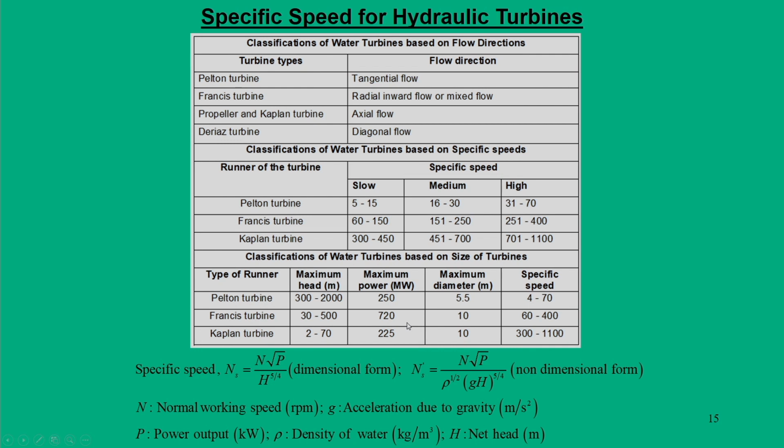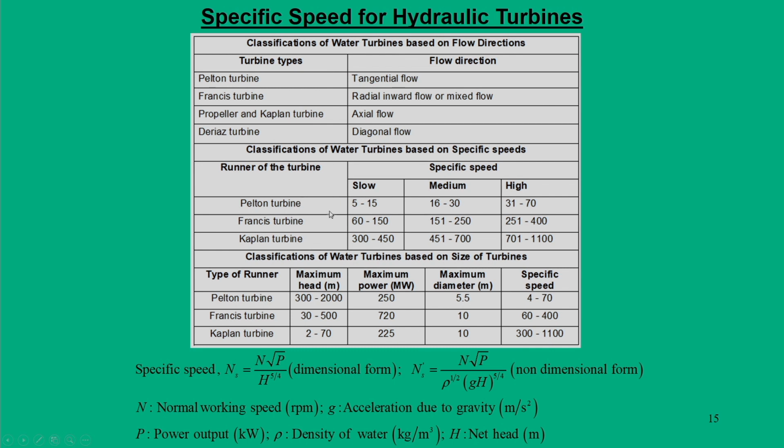In our last lectures I gave these slides with this particular table, which talks about the class of turbines depending on the flow directions and the class of turbines based on specific speeds. Now, considering all types of turbines, they fall in three categories: low, medium and high.